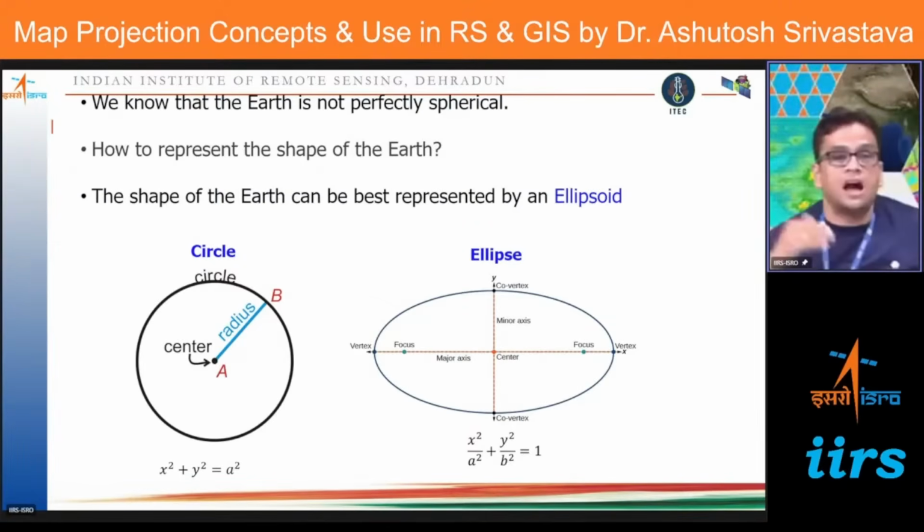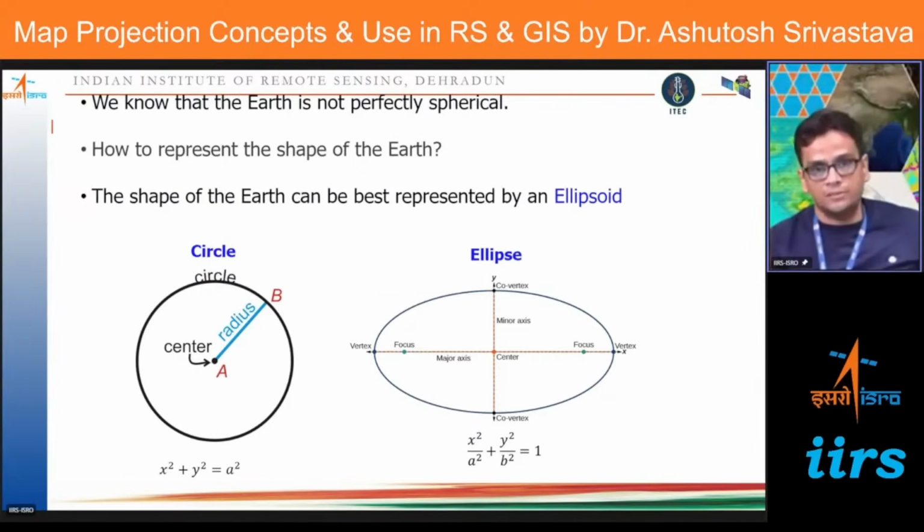This is a. Okay, and half of the distance is called the semi-major axis and semi-minor axis. So in a circle only two terms were there, radius and diameter. But in the ellipse case, there are the minor axis and major axis, and half of the minor axis is called the semi-minor axis, and half of the major axis is called the semi-major axis.